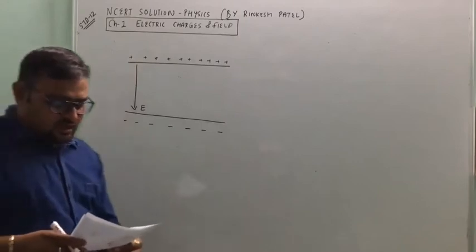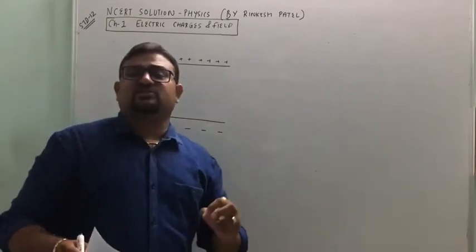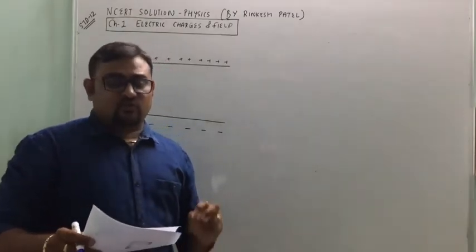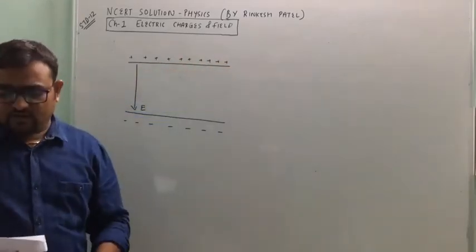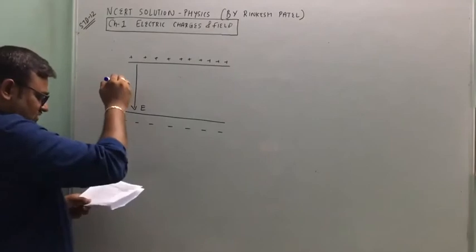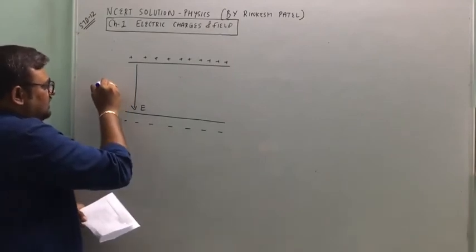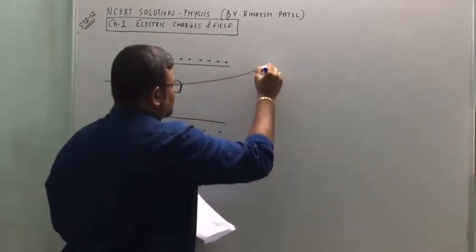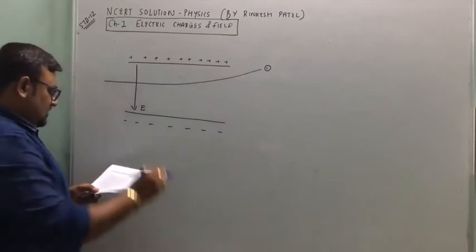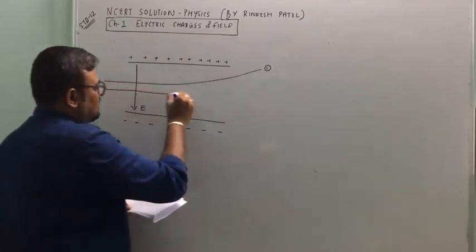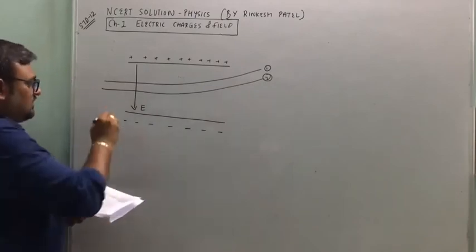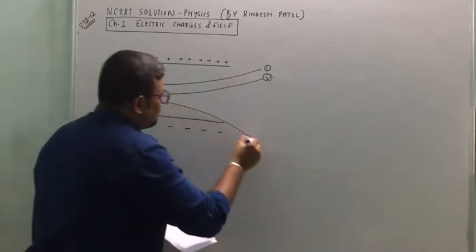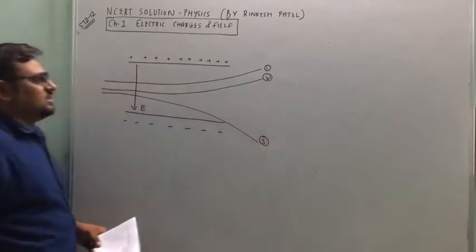Now, three charged particles are thrown in this uniform electric field. So the case here is the first charge, here is the second charge, and here is the third charge.